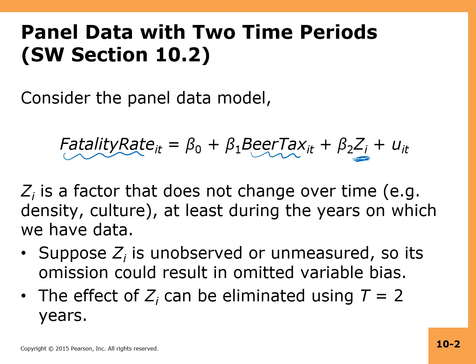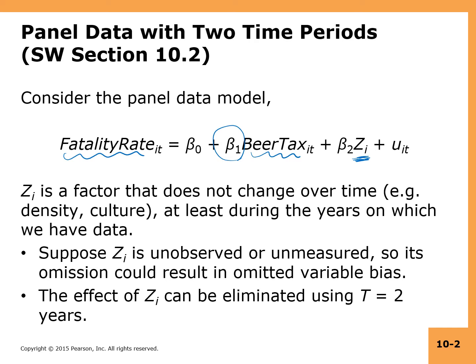And let's say that this cannot be observed or measured. So for instance, we cannot really measure or observe the culture of drinking and driving. So if we don't include this variable, then this is going to cause omitted variable bias on the coefficient beta 1 that we're interested in measuring.